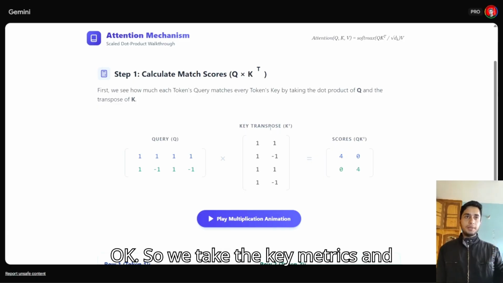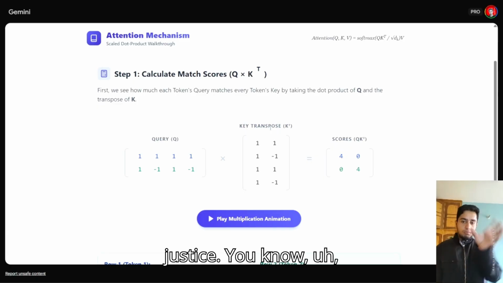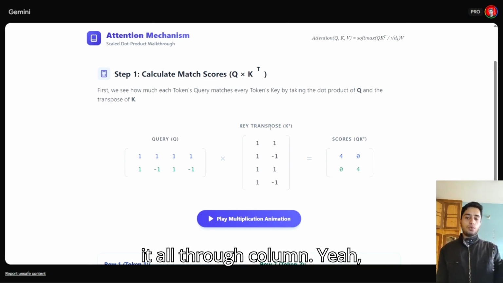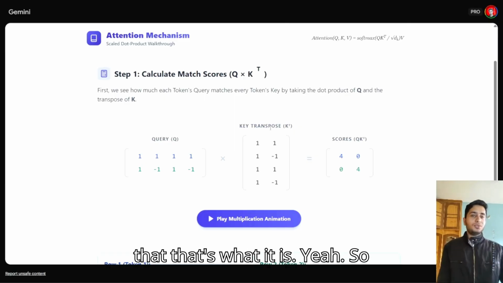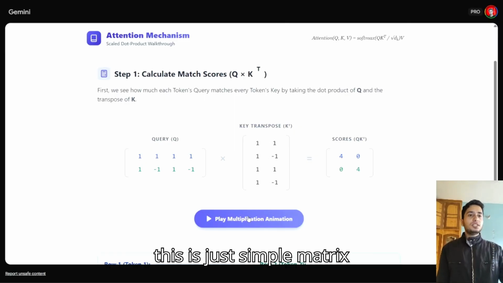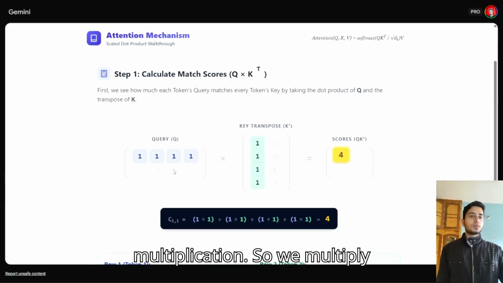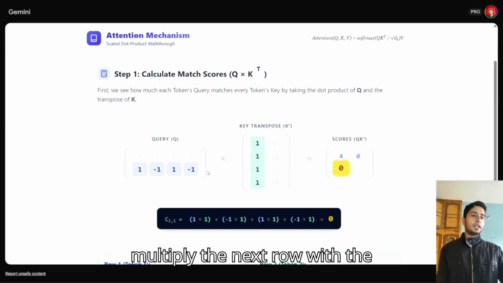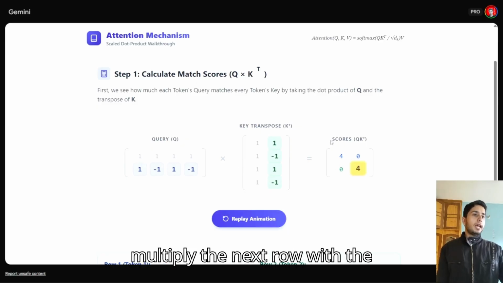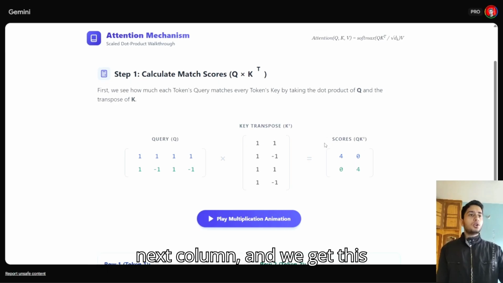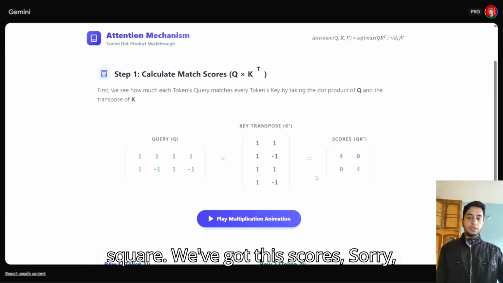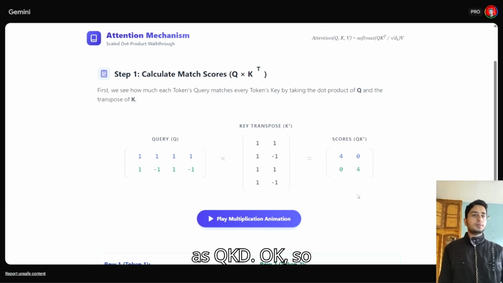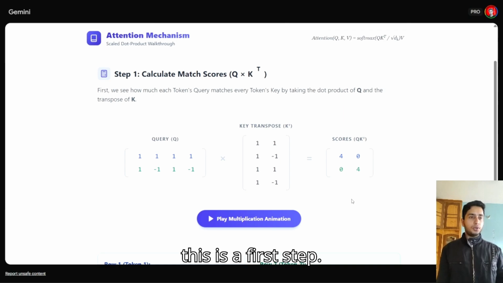So we take the key matrix and just transpose it, change rows to columns. This is just simple matrix multiplication. We multiply the row with the column, the next row with the next column, and we get the scores. We get the scores as QK^T. Okay, so this is our first step.